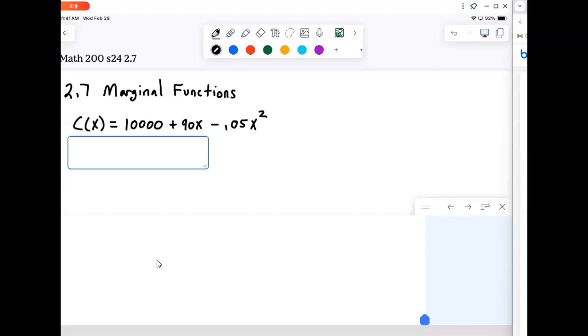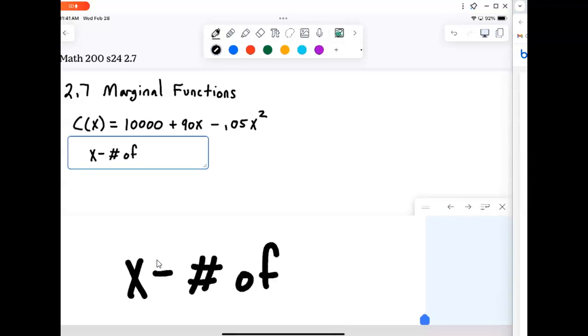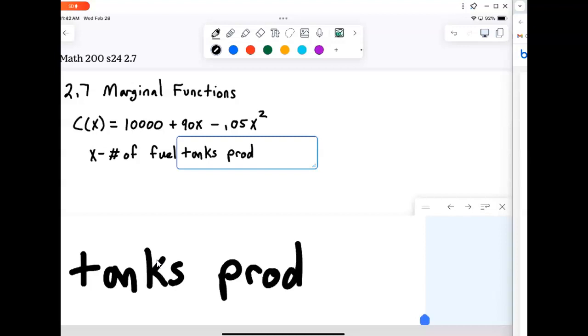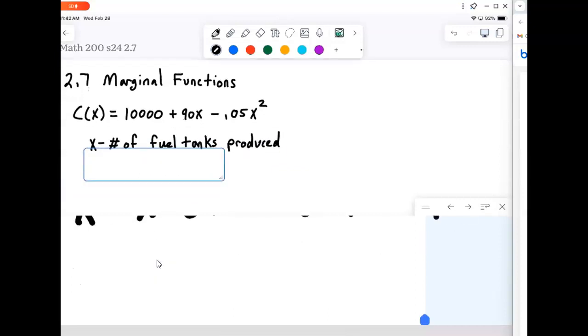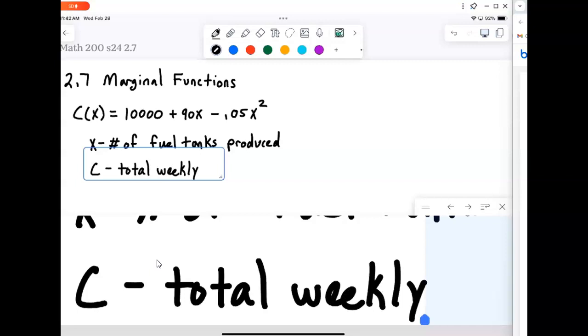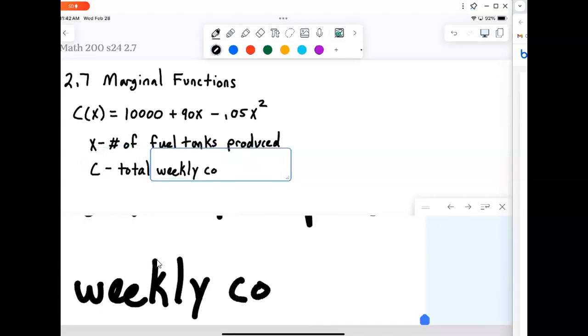In this problem here, x represents the number of fuel tanks that we can manufacture, so some type of fuel tank, and C here is the total weekly cost.